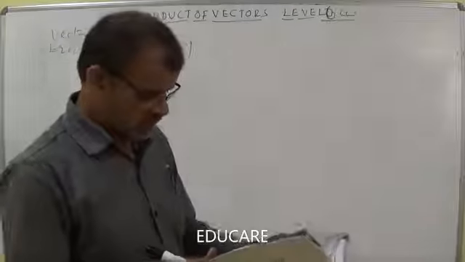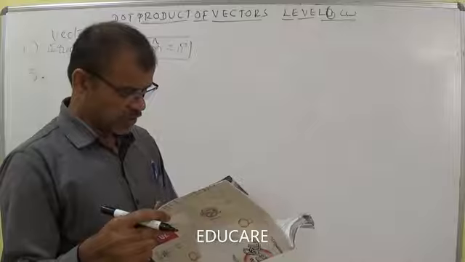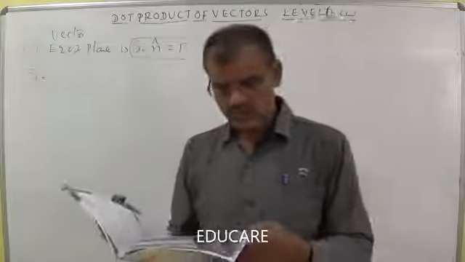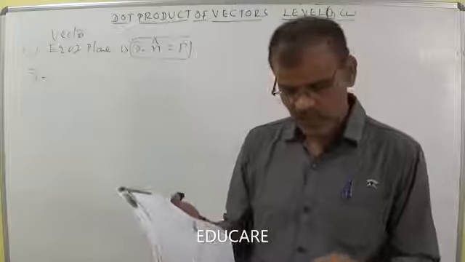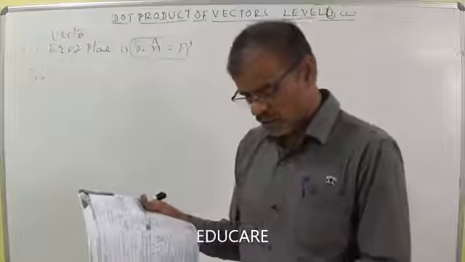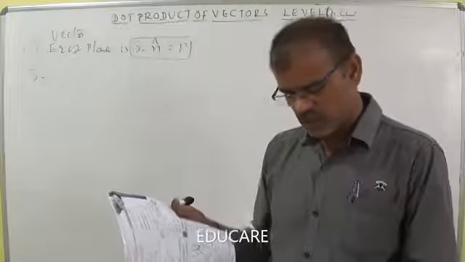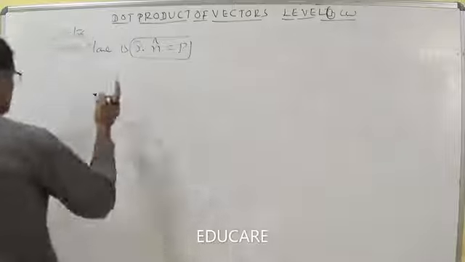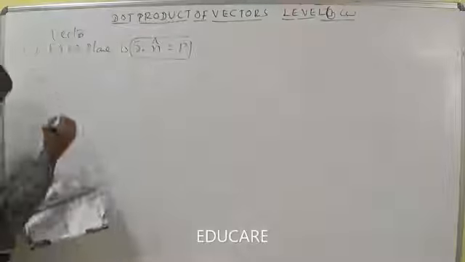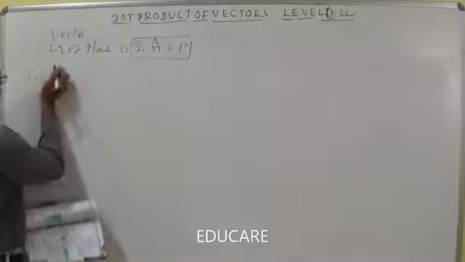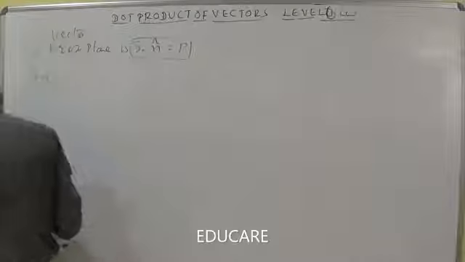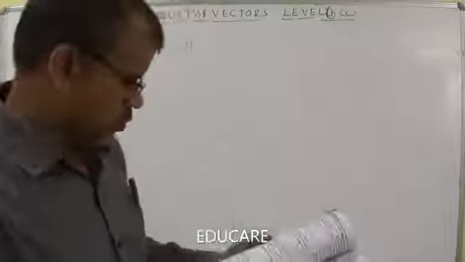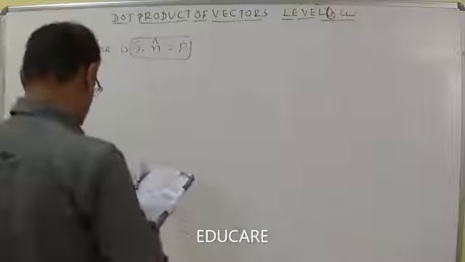Here he is saying the plane is at a distance of 8 units from the origin and is perpendicular to a vector, directly given as 2i plus j plus 2k. This is a normal vector, and 8 units is the distance. R bar dot the perpendicular vector, 2i plus j plus 2k.